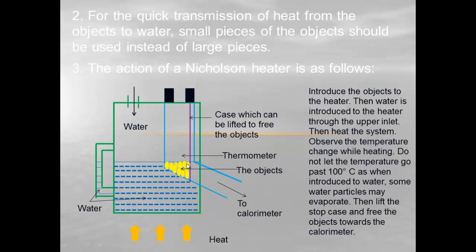You can put a thermometer here, and when you introduce a thermometer, you can measure the temperature of the system. You can take any temperature, but we should not let the temperature go past 100 degrees Celsius, because when the temperature is greater than 100 degrees Celsius, some water may evaporate. 100 degrees Celsius, or 373 Kelvin or 212 Fahrenheit, is the boiling point of water.